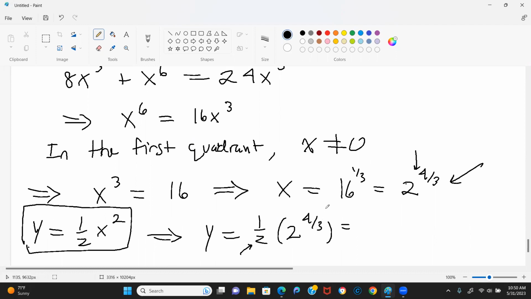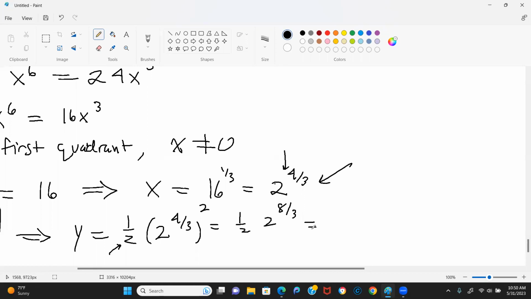That means you get 1/2 times 2 to the 8/3, and when you divide by 2, you subtract 1 from the 8/3. 8 thirds minus 3/3 would be 2 to the 5 thirds, if I got that right.